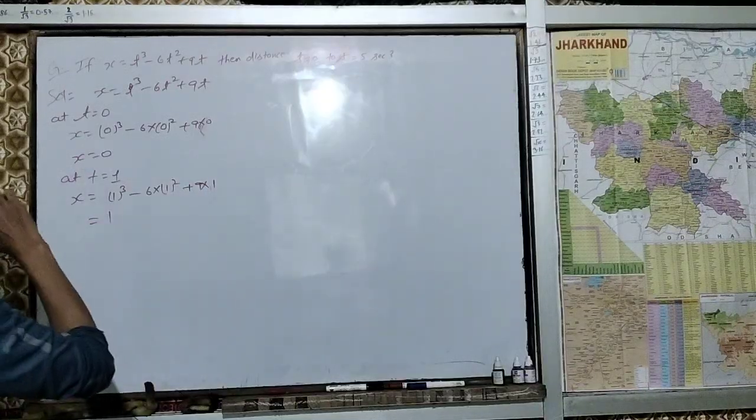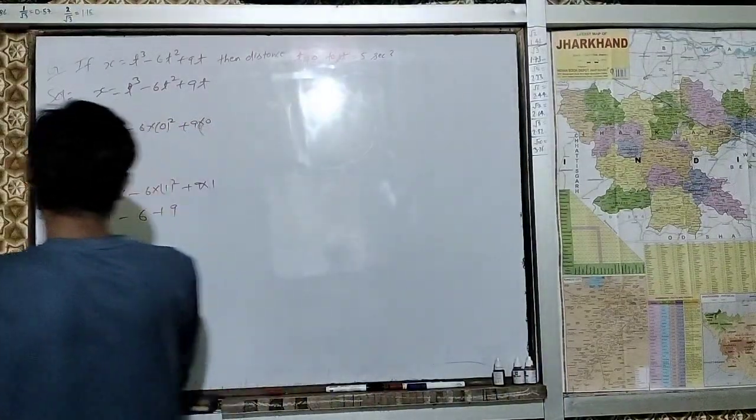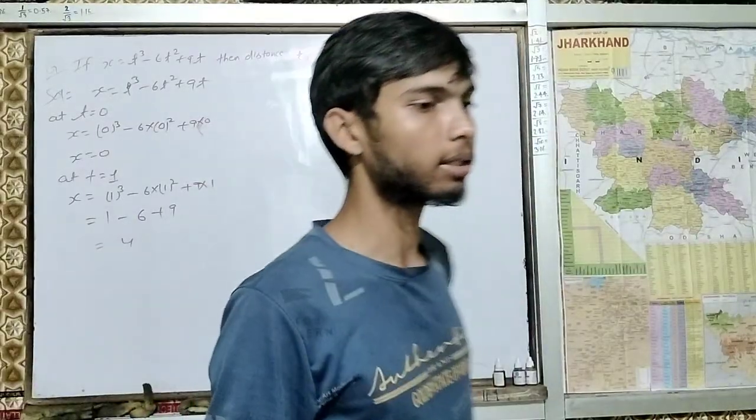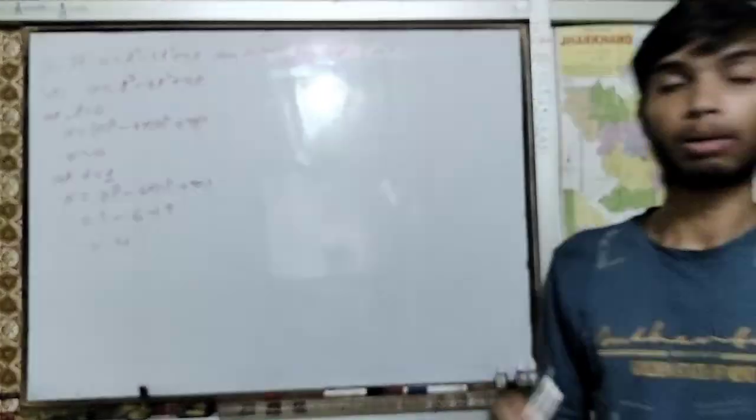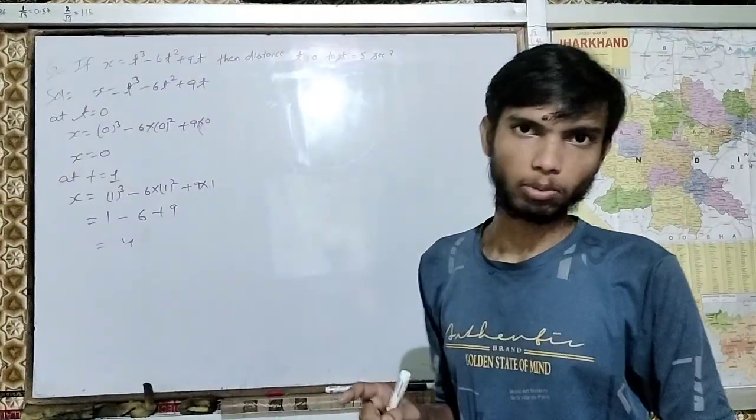So 1 plus 9 is 10, 10 minus 6, 4. What are you observing? At t is equal to 1, the position of the object is at 4.